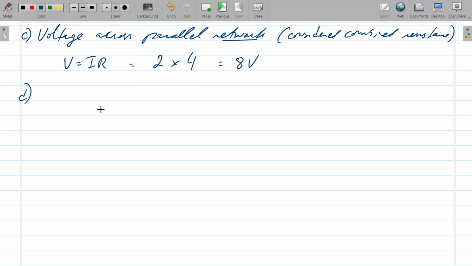So this is really testing everything that you learn. Now they're asking, what's the current? So I equals V multiplied by R. Well, the question is, what's the current across the 6 ohm resistor in the parallel circuit?